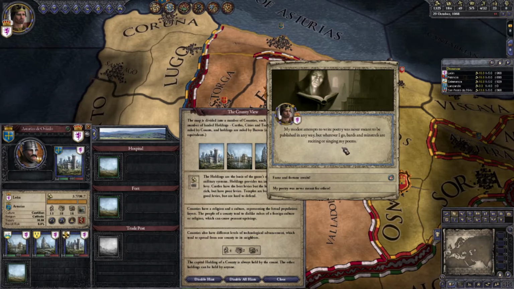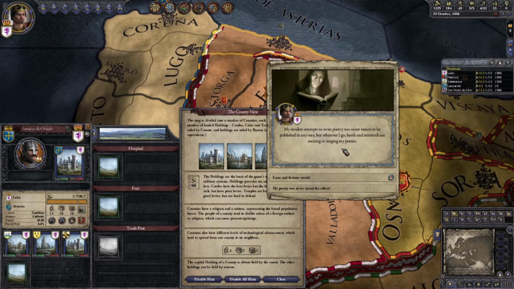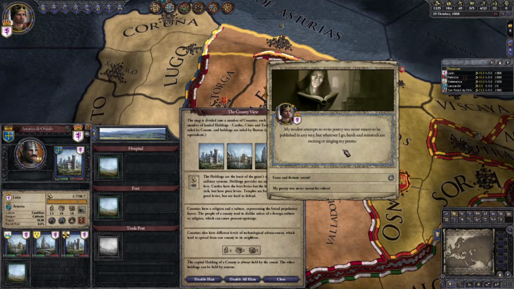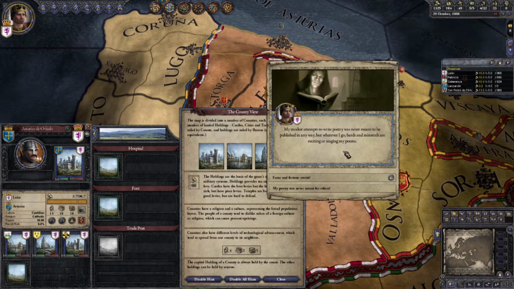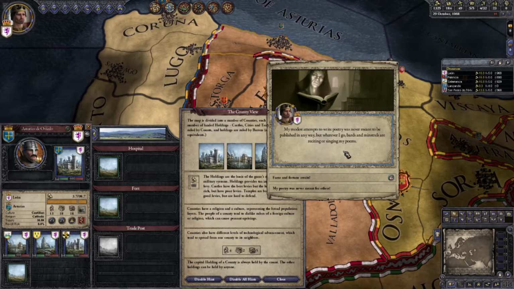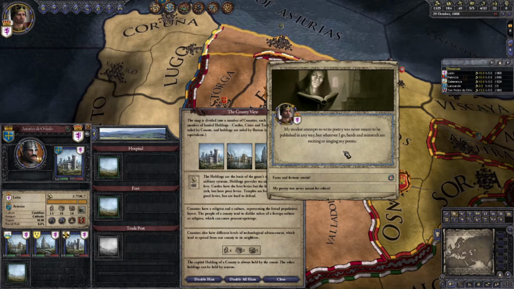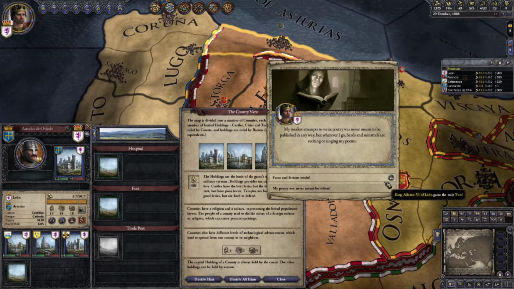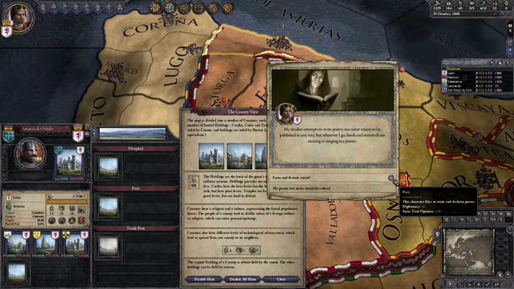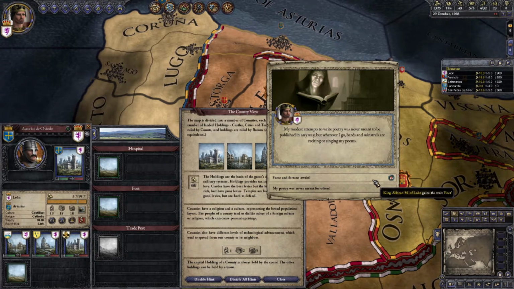Alright. My modest attempts to write poetry was never meant to be published in any way. But wherever I go, bards and minstrels are reciting or singing my poems. There once was a brother, he fell off a wall.